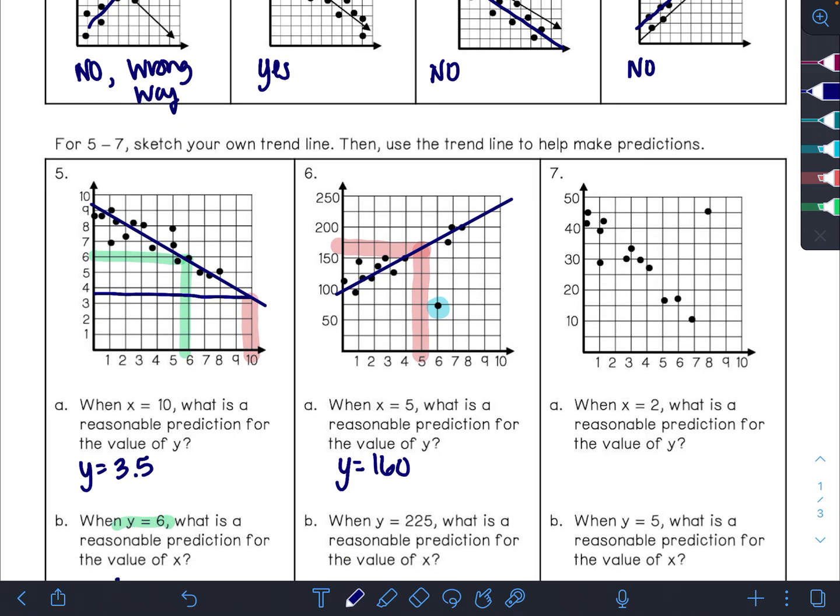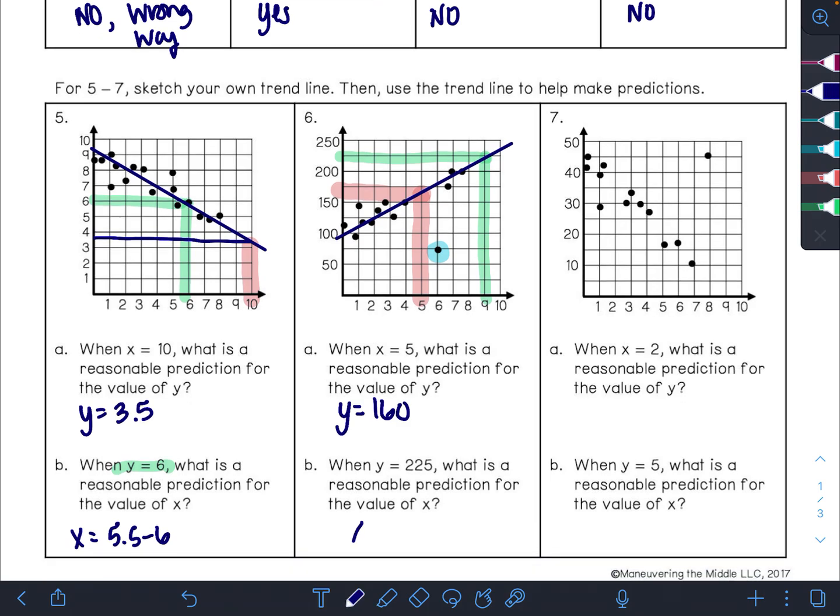Then it says when Y is 225. When I know that Y is 225, I'm going to go all the way over here and down. So my X value would be about 9. I hope you're seeing how you do your trend lines through that. On this one, again, we have a couple more outliers.